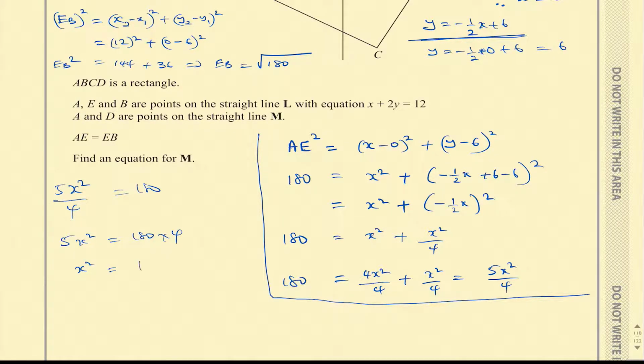X squared is 180 times 4 divided by 5. 5 in 18 is 3, that's 15, you're left with 3. 5 in 30 is 6. So that'll be 6 times 4, which is 24... 6 times 4 is 144. So x squared equals 144, and therefore x equals plus or minus 12.